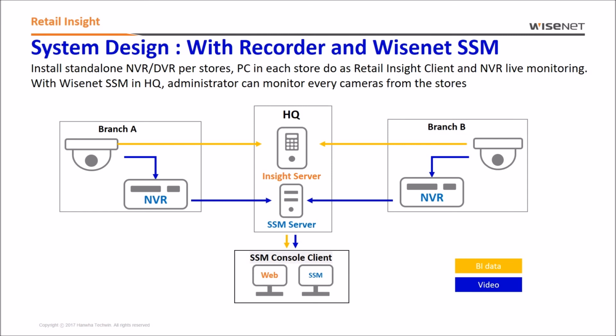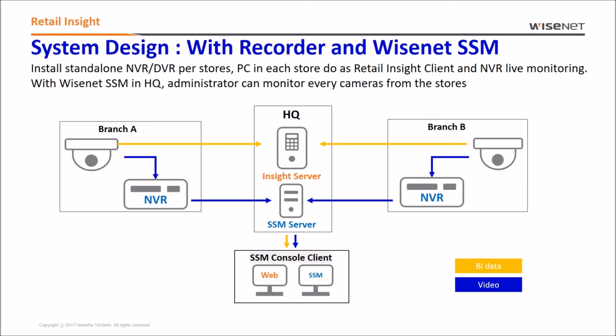For local stores, user needs to install cameras and MVR for recording. So cameras will be registered to the Insight server directly, and MVR will be registered to the SSM. Now user can see live stream and playback with SSM, and also they can use Retail Insight as well.